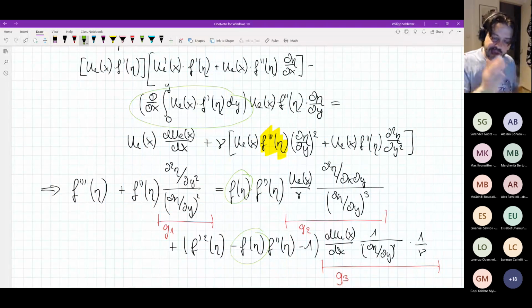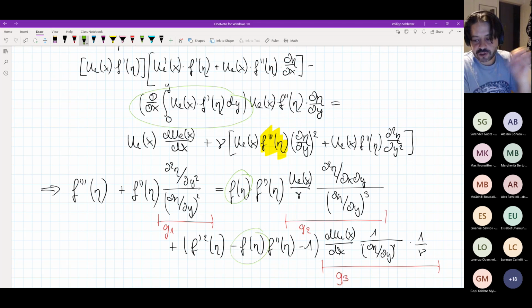So I'm actually going back from f prime to f, because you realize here that's an integral with respect to y, and the ue of course comes out. But what is then left here is essentially an f prime integrated with respect to eta, or with respect to y. Therefore, we have this f term and not the f prime term. So that explains why my u velocity was defined as f prime rather than as f before.